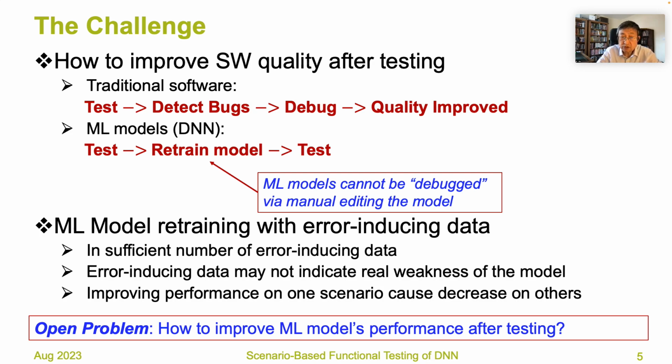Moreover, if we try to improve the performance on one scenario, it may often cause a decrease of the performance on other scenarios, which is often called the forget effect or catastrophic forgetting. So a very important open problem for the testing of machine learning applications is how to improve machine learning models' performance after testing.